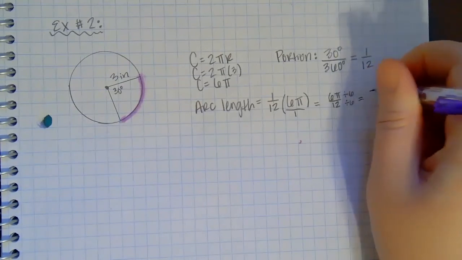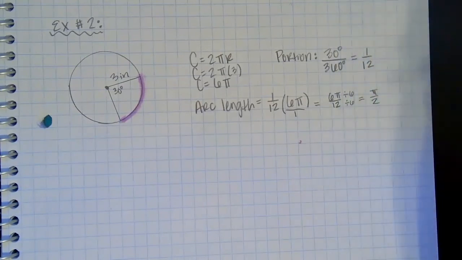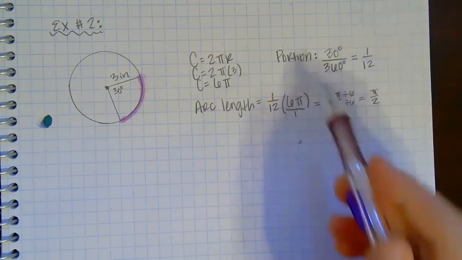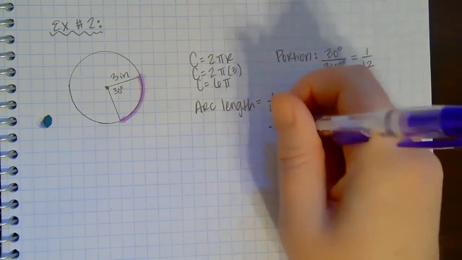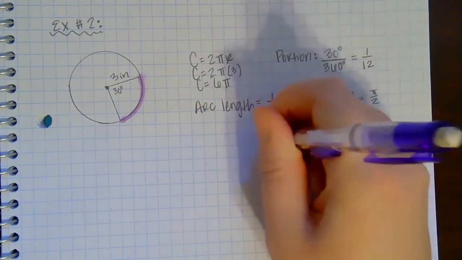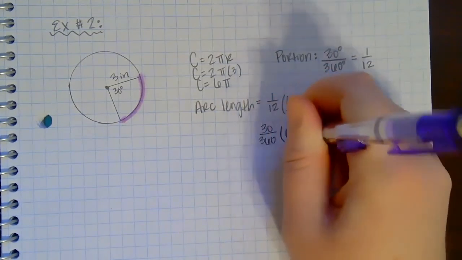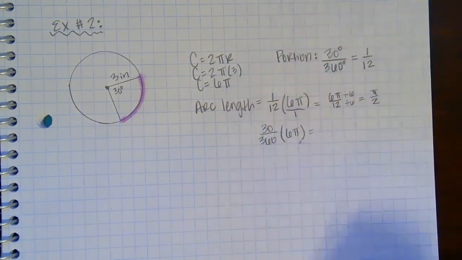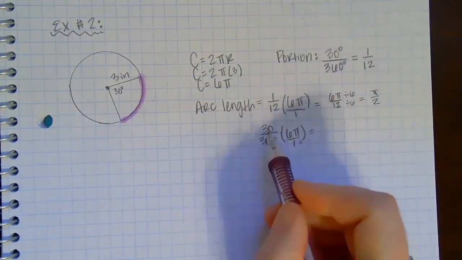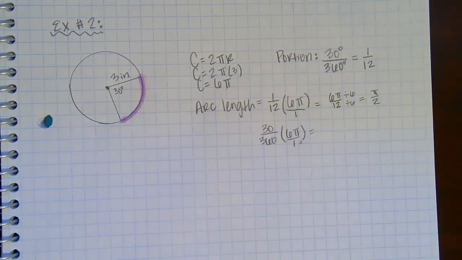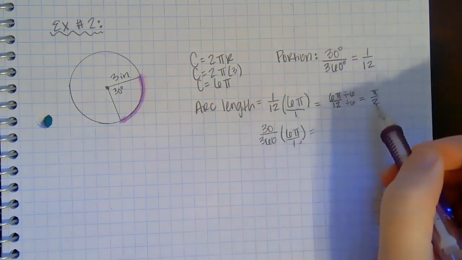That would give me pi over 2. Now, if I were to do it the regular way, 30 over 360 times 6 pi, and I put that in my calculator, 30 times 6 gives me 180, divided by 360 gives me 0.5. 0.5 is the same as a half.